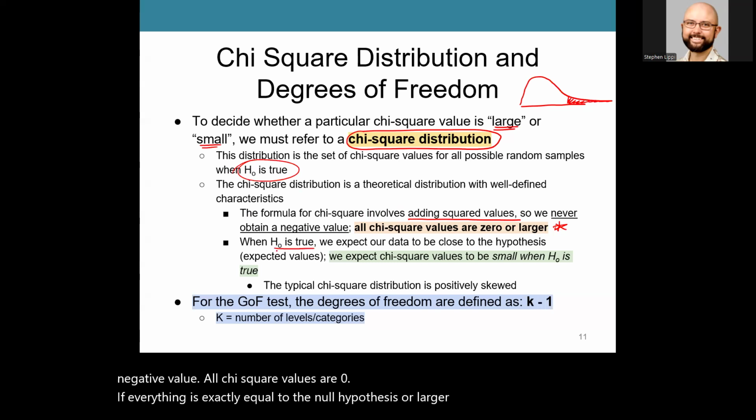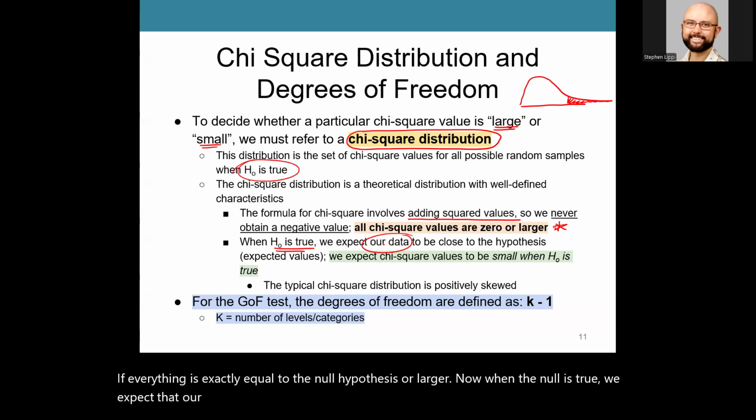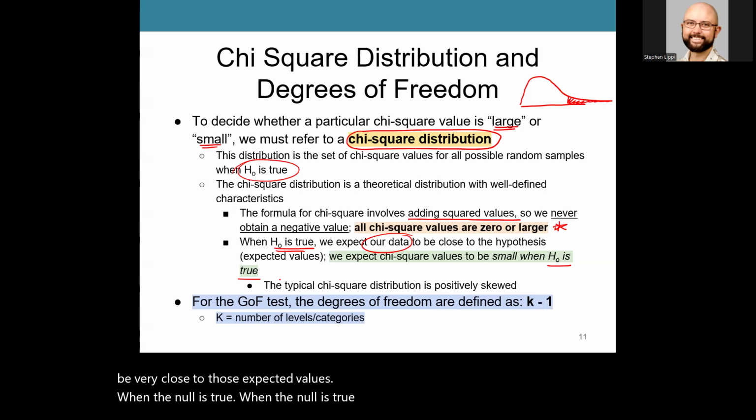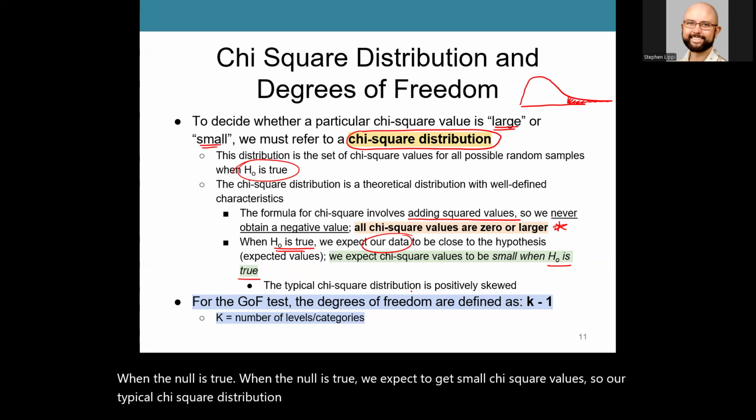Now, when the null is true, we expect that our data, what we're obtaining and what we're counting, would be very close to those expected values. When the null is true, we expect to get small chi-square values. So our typical chi-square distribution is positively skewed.